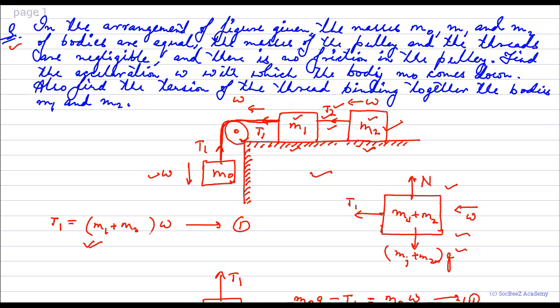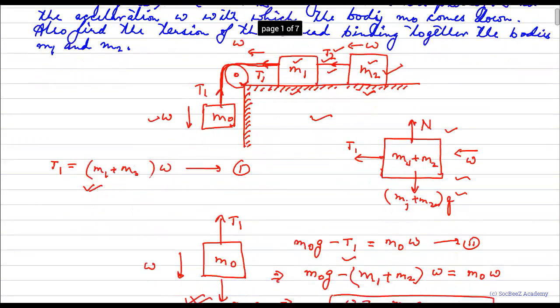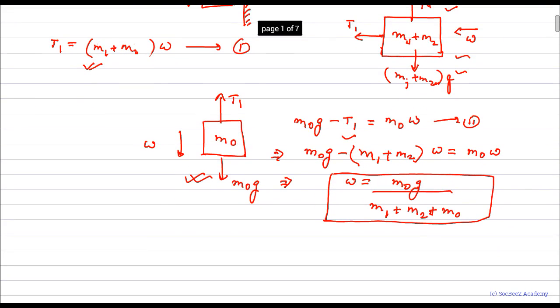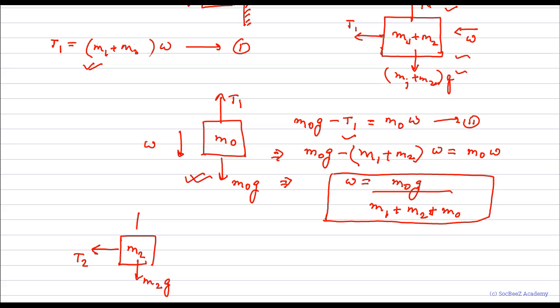This body m2 is moving in the leftward direction with an acceleration of W. If I draw the FBD of body m2, the external force acting on it is T2 in the leftward direction, its own weight acting downwards, which is balanced by a normal force, let's say N1, provided by the ground and acting in the vertically upward direction.